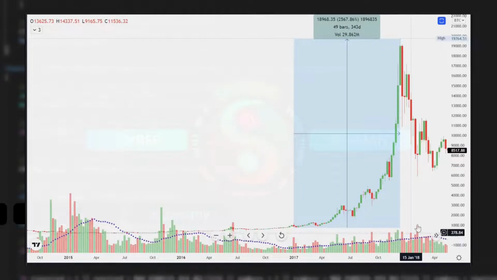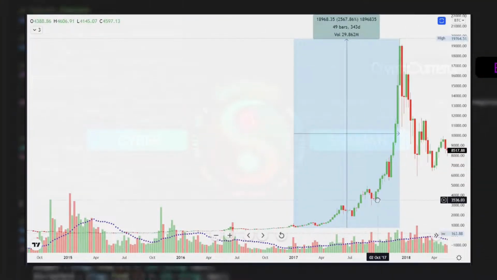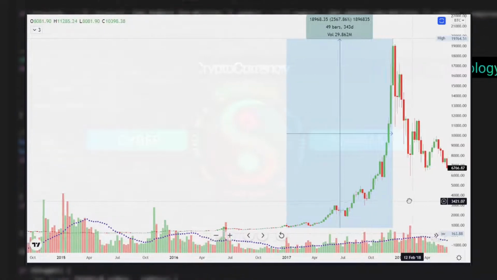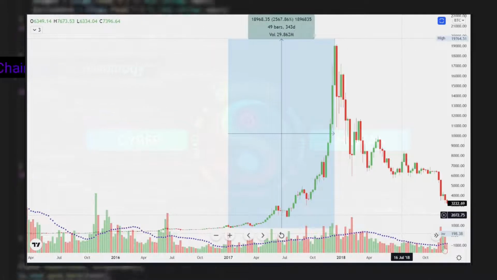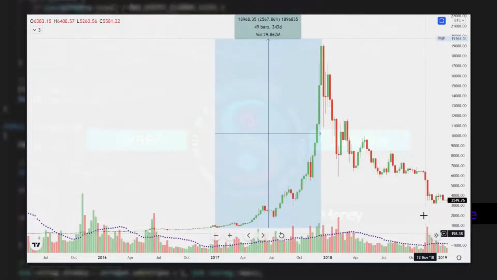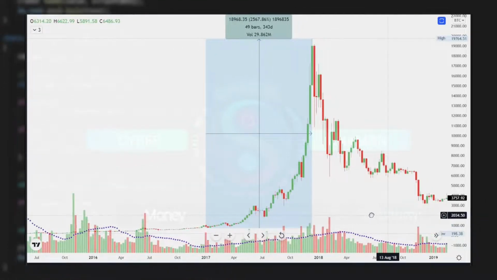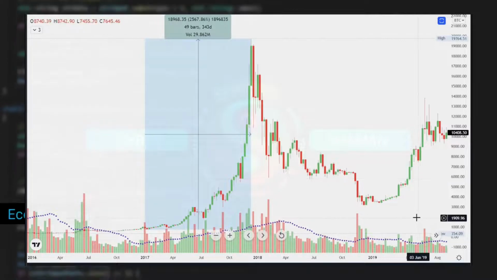This is almost a spike, but we have gradual increase before that. Decrease in the volume and a spike. And gradual decrease after that. And another parabolic move.